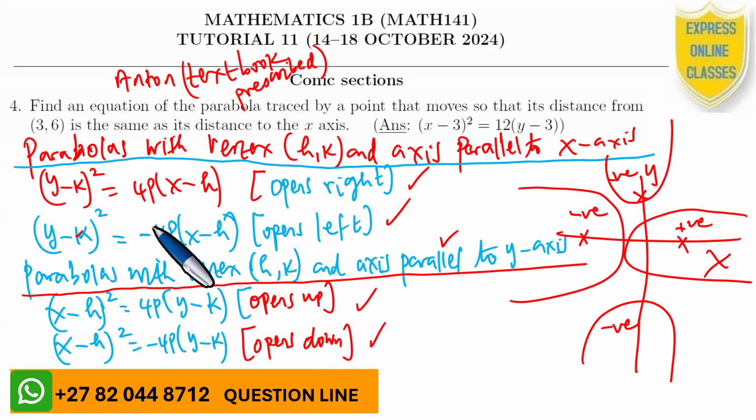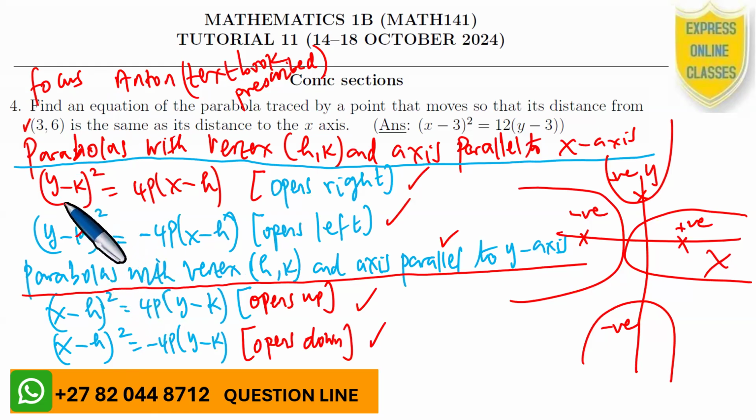So if we then look at that and say, what do we have? The (3, 6) gives us a focus, or a point related to the focus at least, a cousin point to the focus, if one likes to say.